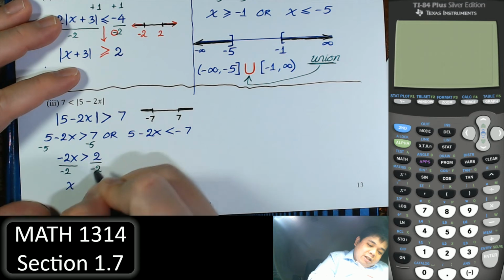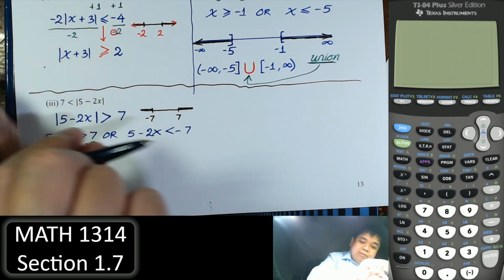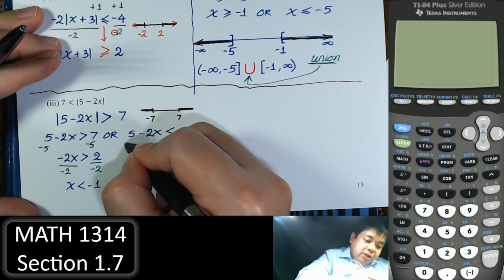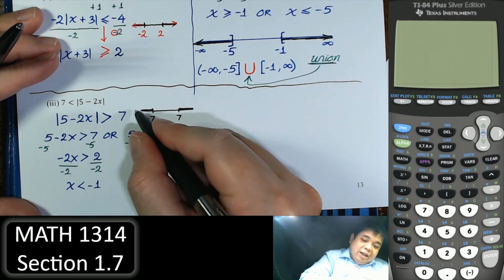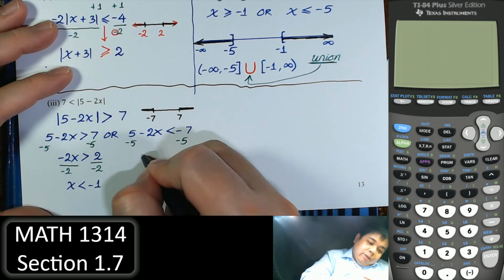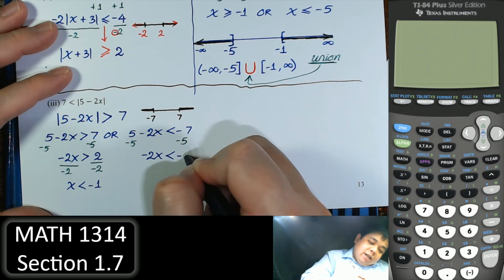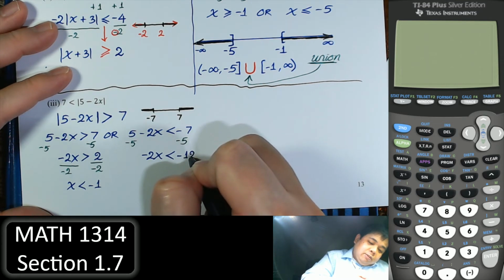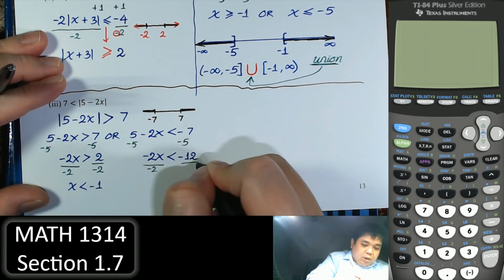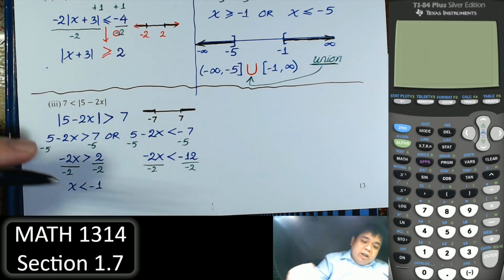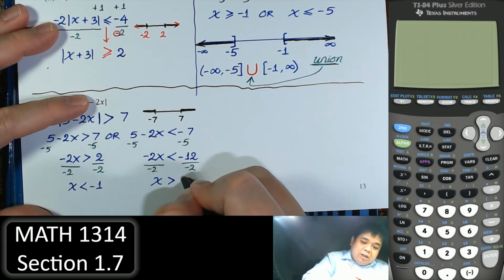So we have x less than negative 1. Same thing on the other side. When it's less than negative 7, we get negative 2x less than negative 12. Divide by negative 2, and once again, reverse the inequality. x greater than 6.